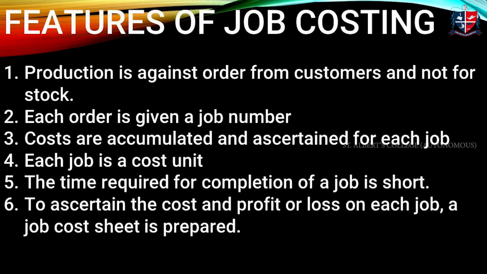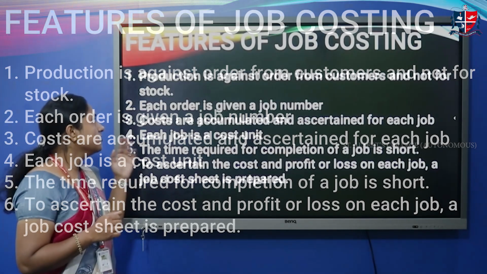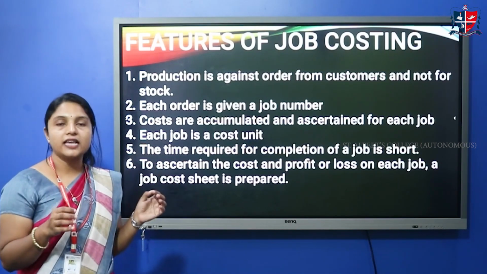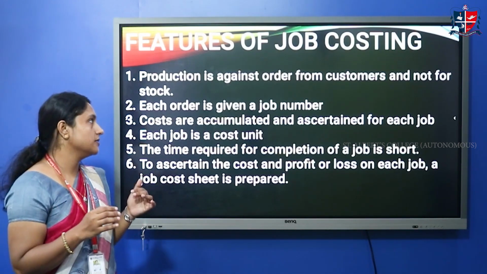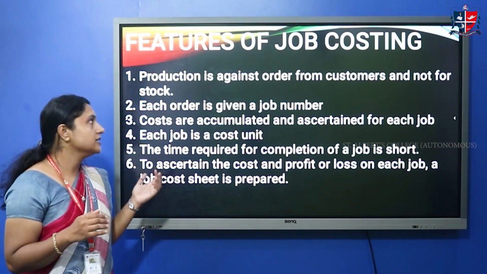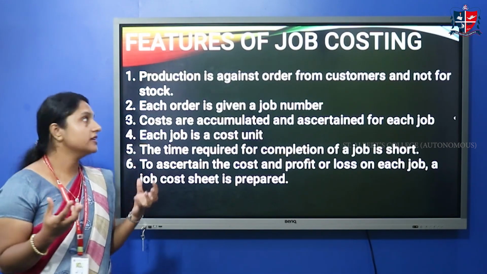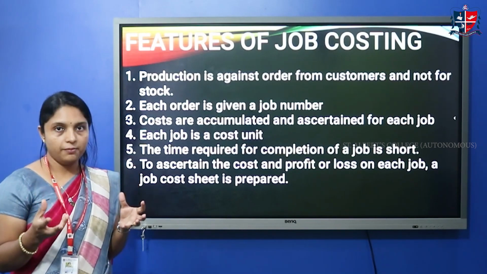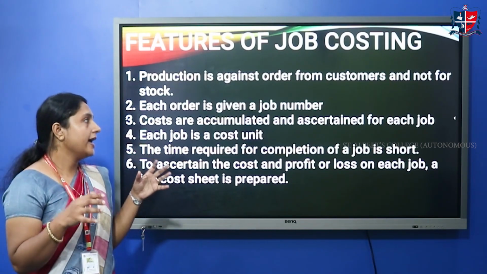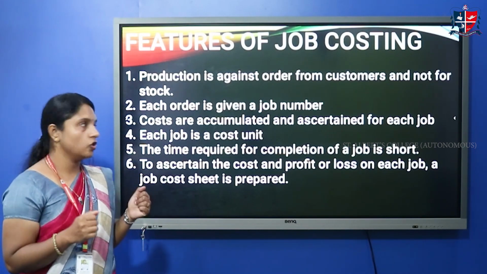Next one is the features of job costing. The first feature is that in job costing, production is against orders received from the customers and not for stock. Next, each order is given a job number, and the costs are accumulated and ascertained for each job.